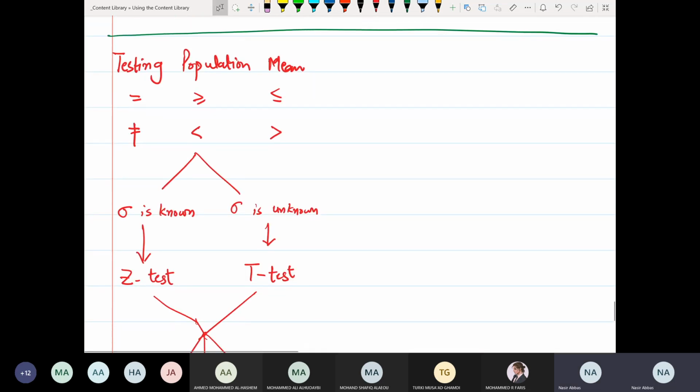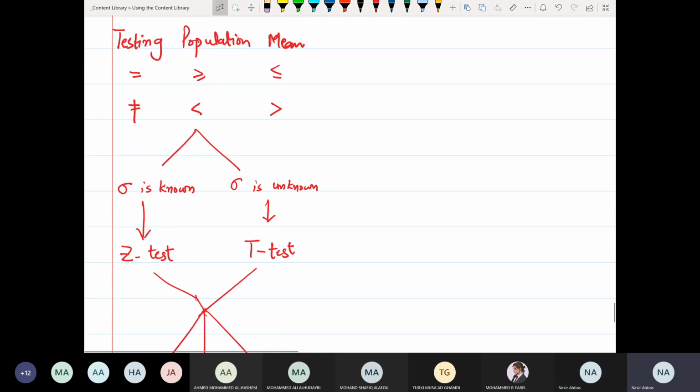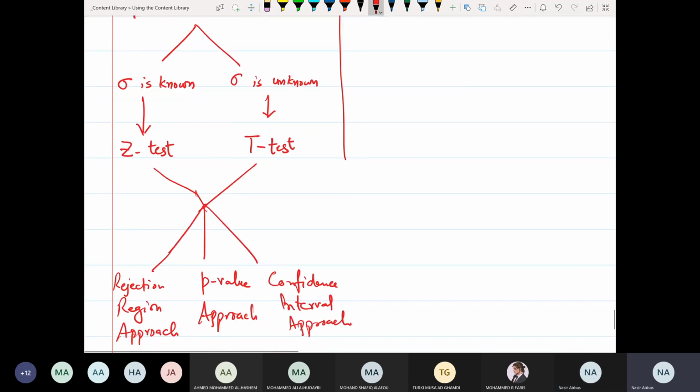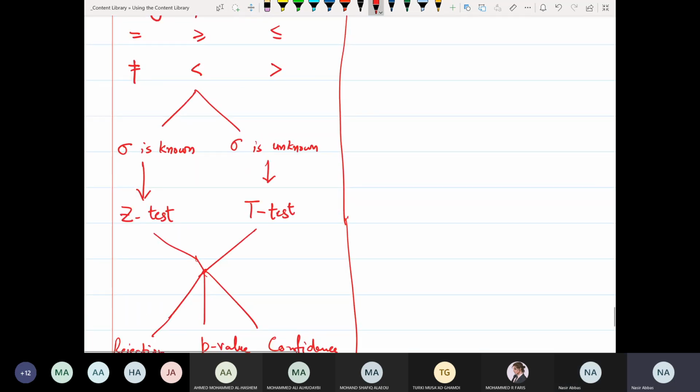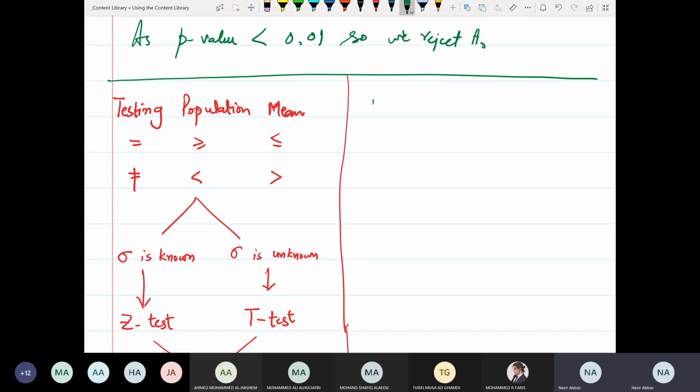Then we talked about testing population proportion. And again, we said we can encounter three types of questions regarding P. P equals something against P not equal to something, greater than or equal to against less than, and equal against greater than.